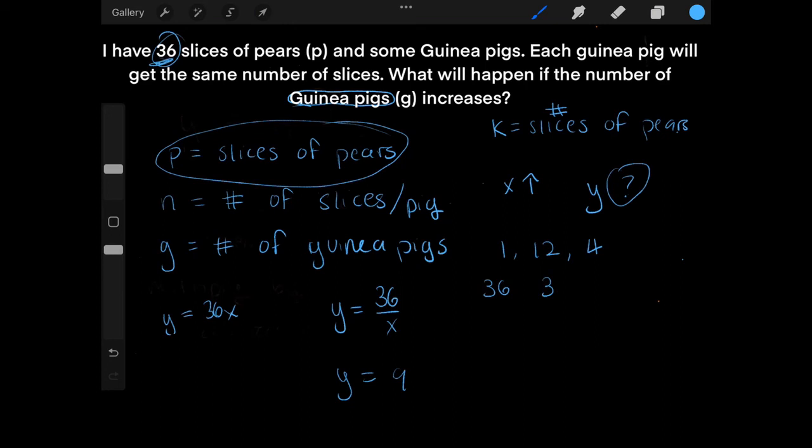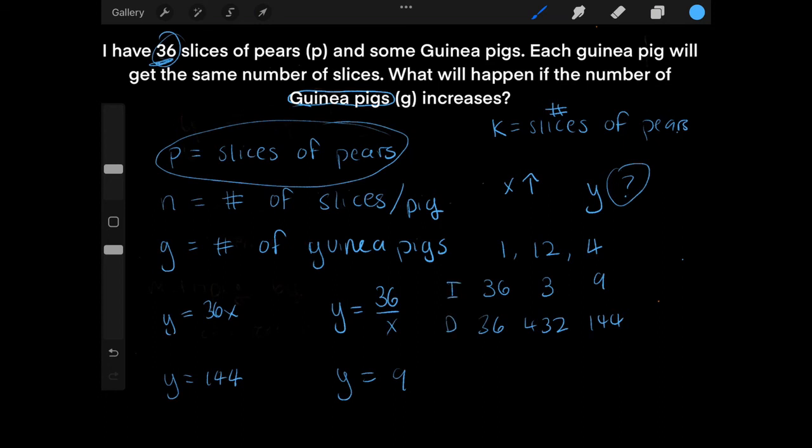And for our direct variation, we'll get y equals 144. I'm just going to fill out the rest of this table. So you can clearly see the relationship between inverse and direct variation.